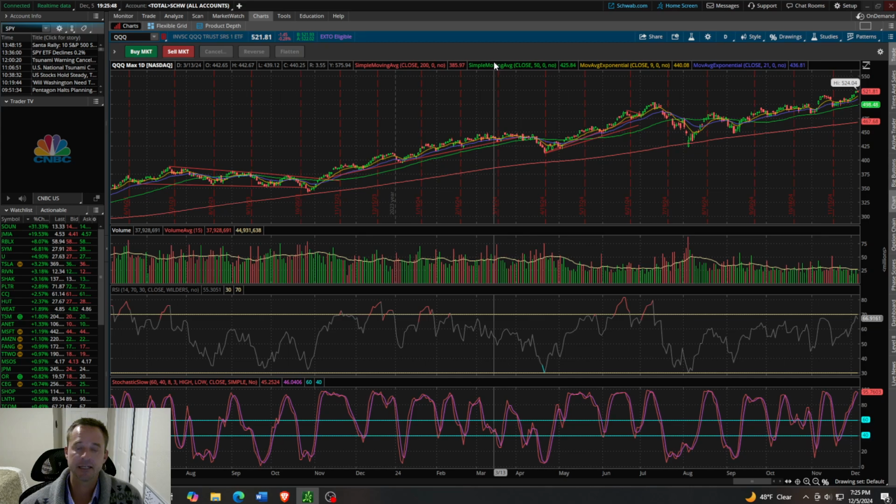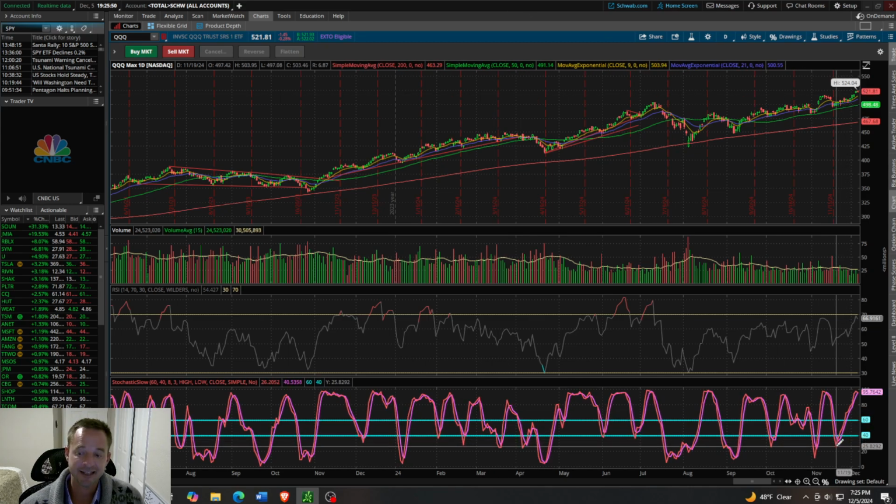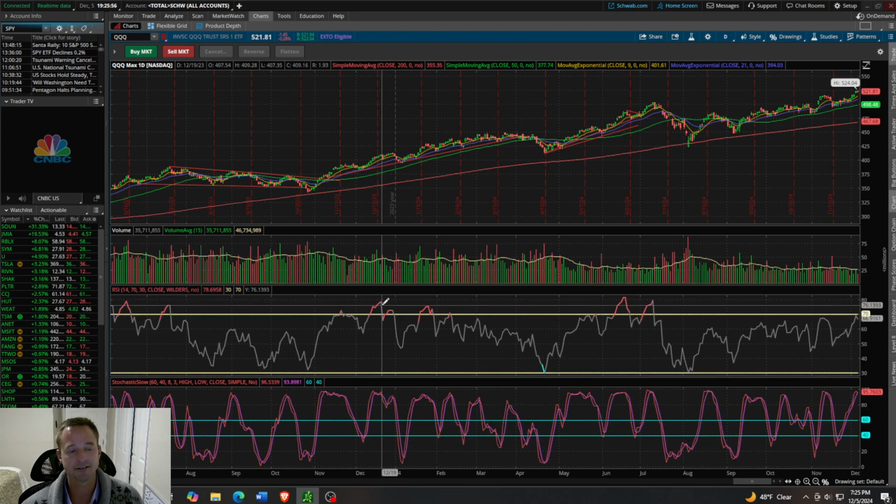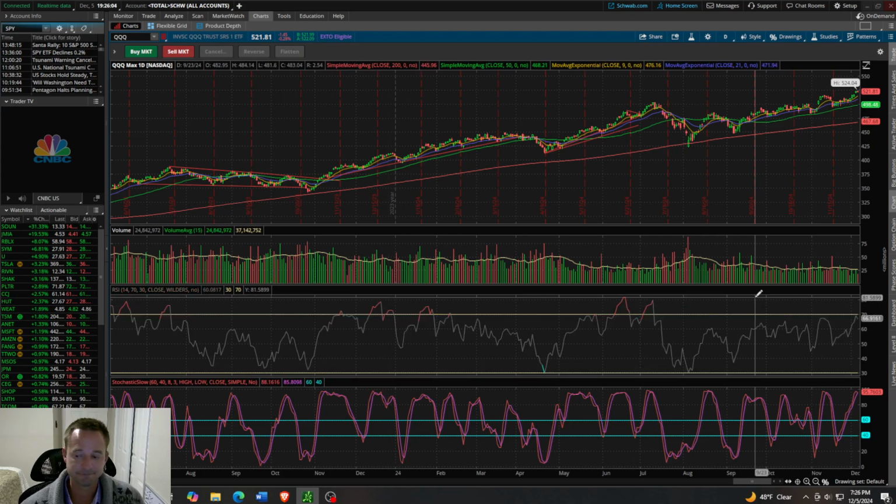I've been digging it. It's more of an indicator to buy, not to sell, where the RSI is more of an indicator to sell than it is to buy. In my opinion, that's my opinion. So, yeah. All right.